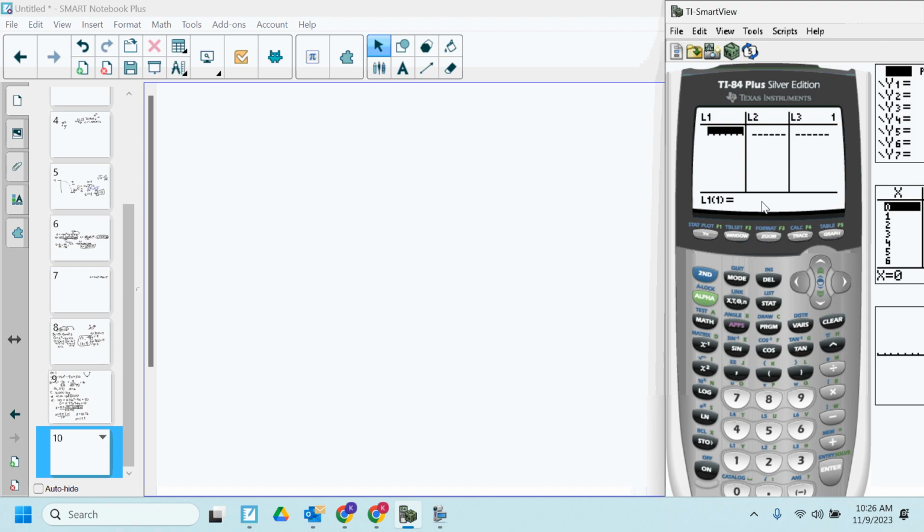So let's take a minute and enter our data. Double check that you don't make any typos, like I just accidentally hit 25 instead of 35. That is really the only way you might get something different.